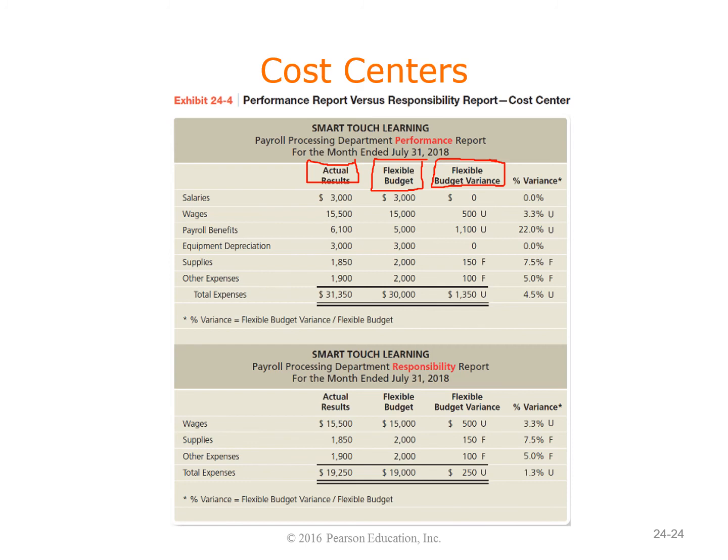So here, if you can see, the salaries are 3,000 actual and the budget was 3,000, so the variance is 0. Wages, we expected 15,000, actually 15,500, so we have 500 unfavorable. This is the percentage of variance, where we divide the 500, which is the flexible budget variance, over the flexible budget to get the percentage of variance.